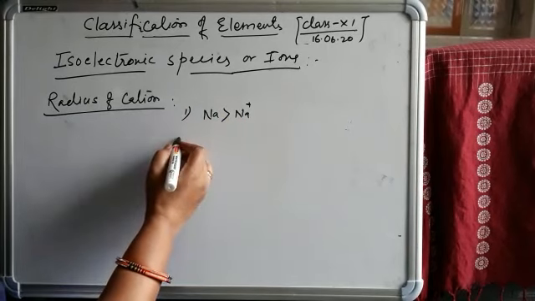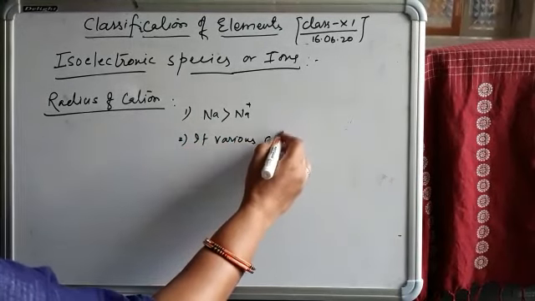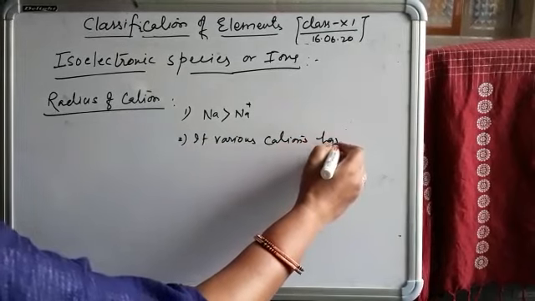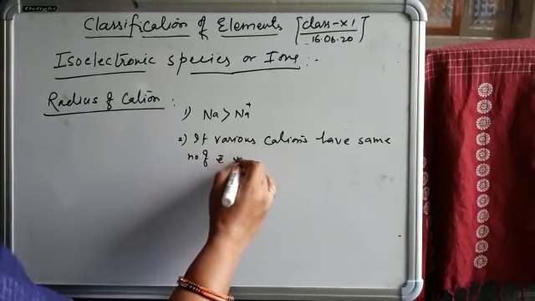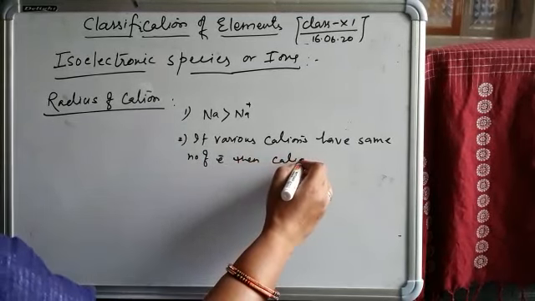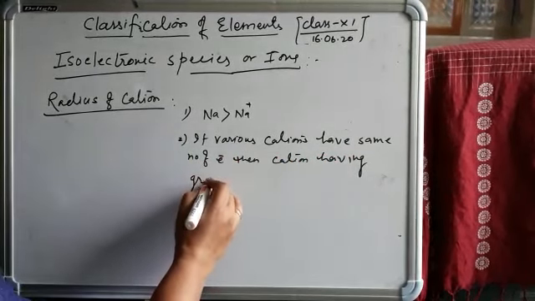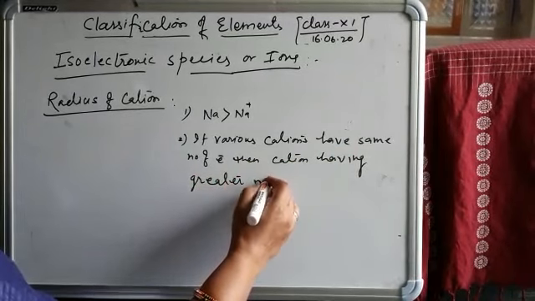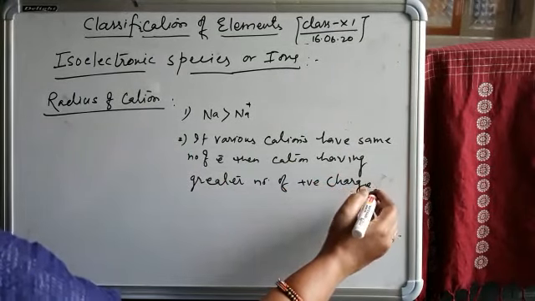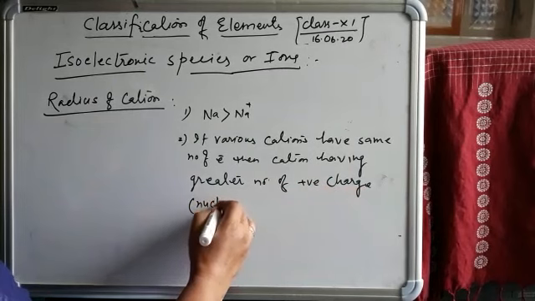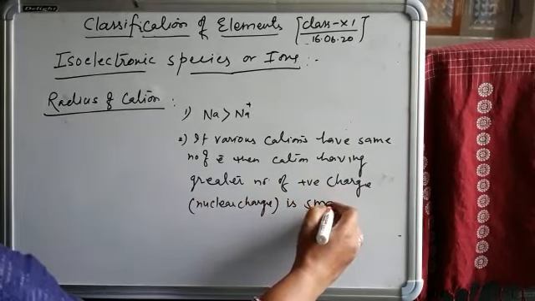And the second point is if various cations have the same number of electrons, then the cations having the greater positive charge, meaning nuclear charge, are smaller in size.